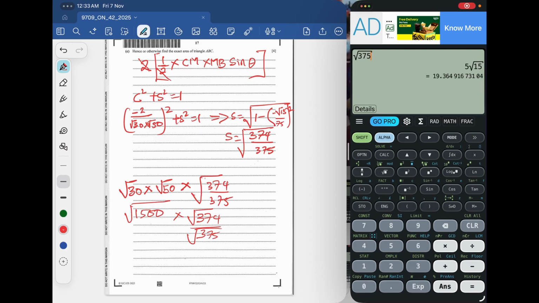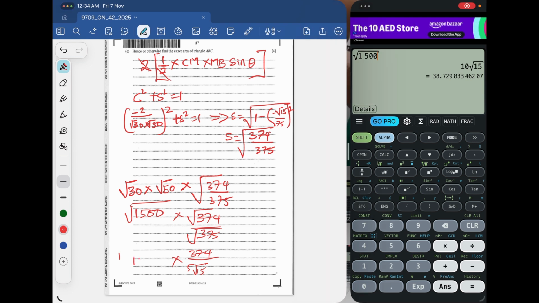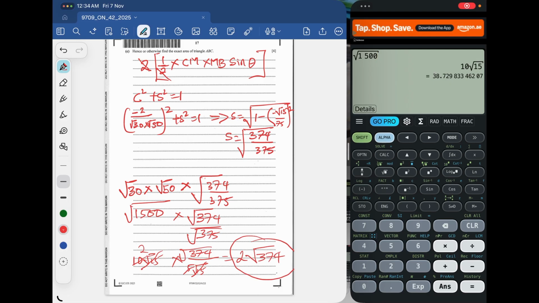The root of 375 is 5 root 15, and the square root of 1500 is 10 root 15, right? So now this can cancel with this. So my answer is 2 root 374. So that is my answer.